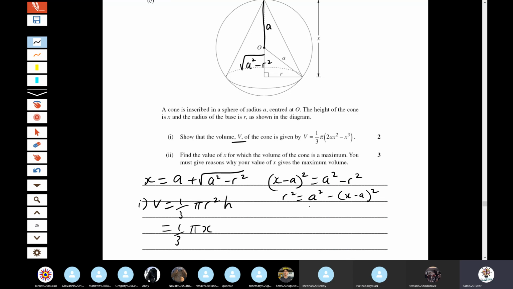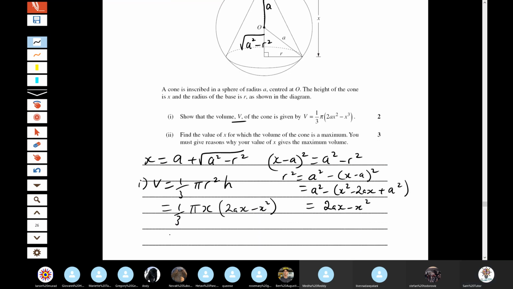Then expand and simplify that side: a squared minus x squared minus 2ax plus a squared. The a squared cancels out and voila, we're done. We can see it: 2ax minus x squared. Perfect.